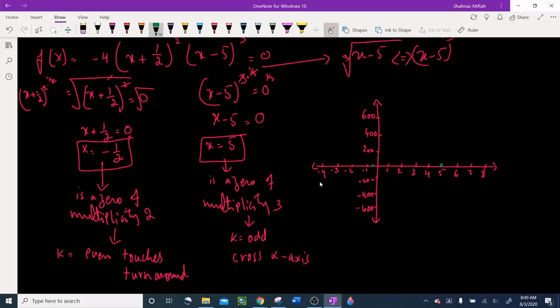Now the negative half is even, so it's going to touch and turn around. The graph for this function looks like that. At 5, it's going to cross the x-axis. So the graph of this looks something like that.